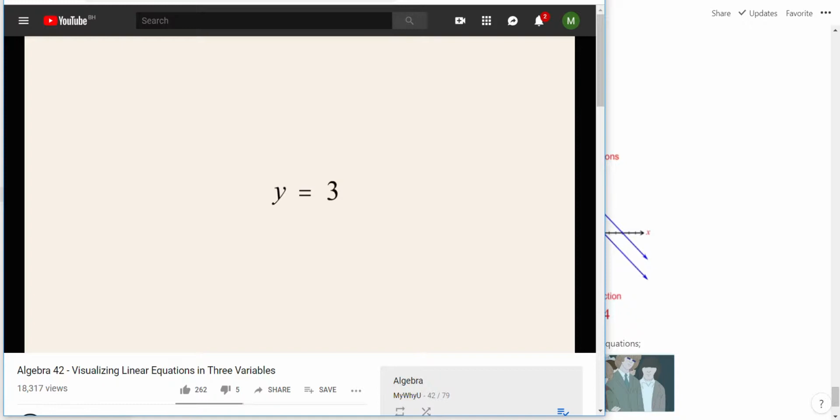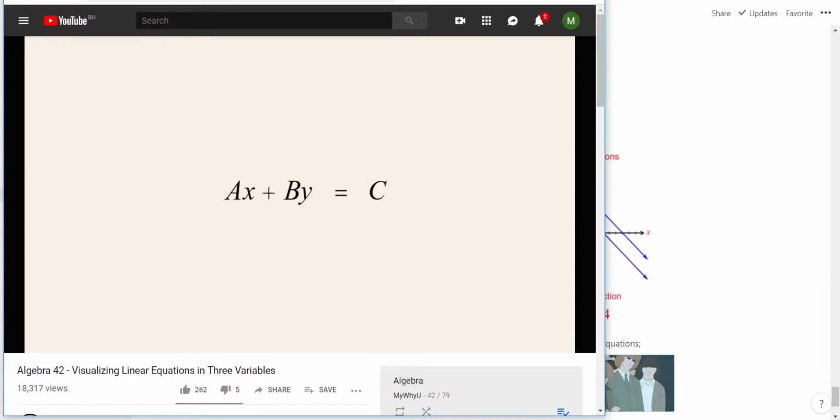Since the values of x are no longer constrained by the equation, x is free to take on any value. The graph of this equation therefore consists of every point whose y-coordinate is 3 and x-coordinate is any real number. The set of all these points is a horizontal line 3 units above the origin.